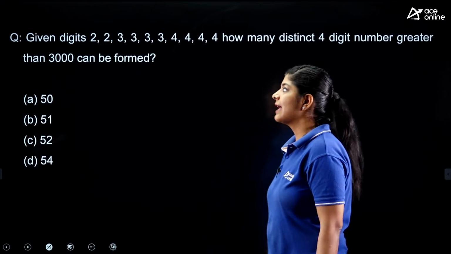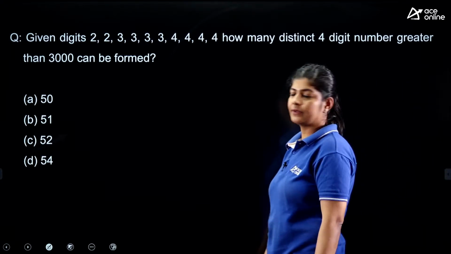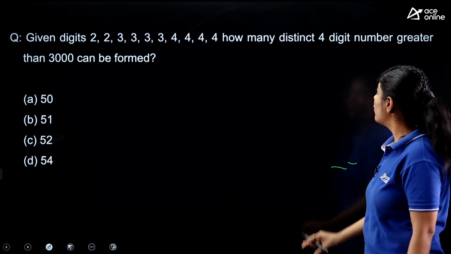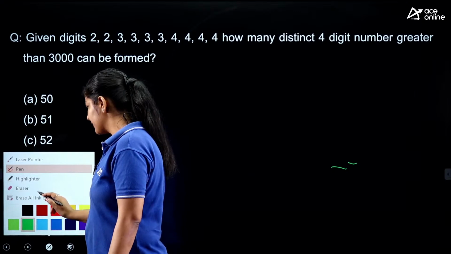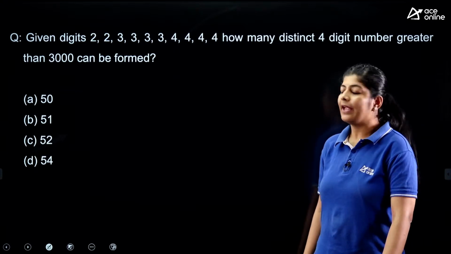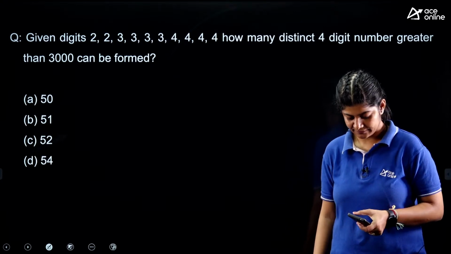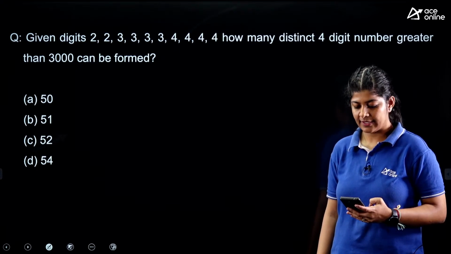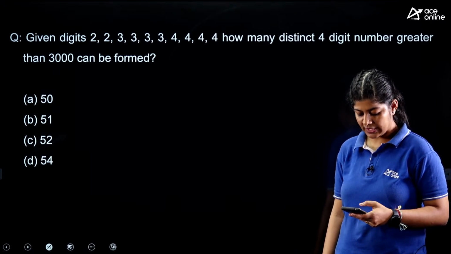So, the next question says that given digits 2, 2, 3, 3, 3, 3, 4, 4, 4, 4, how many distinct digit numbers greater than 3000 can be formed? This is a previous year question, but what we need to do is just simply solve this particular question. This one is an easy one. So what answer are we getting?